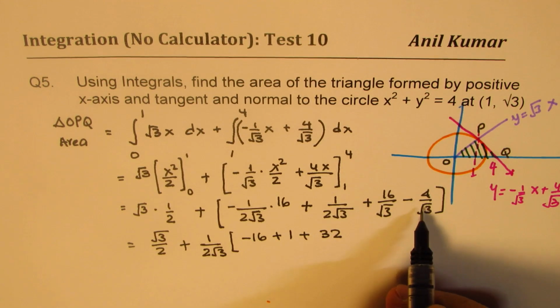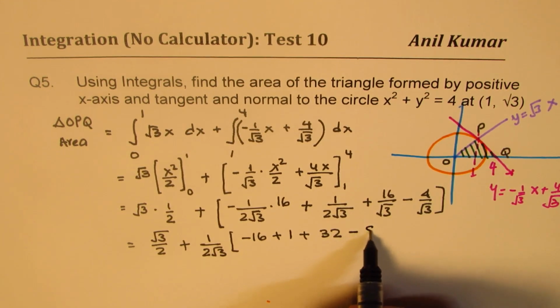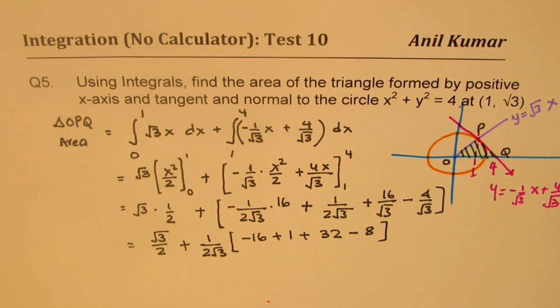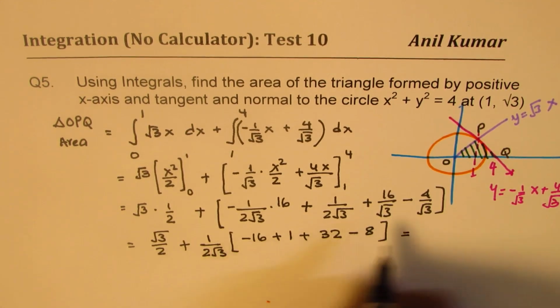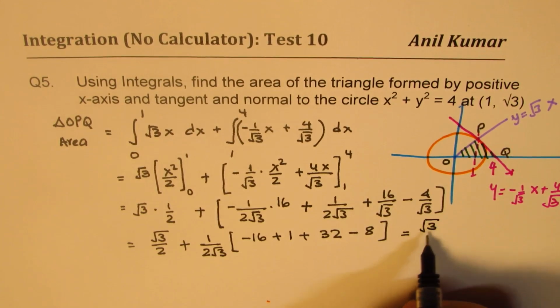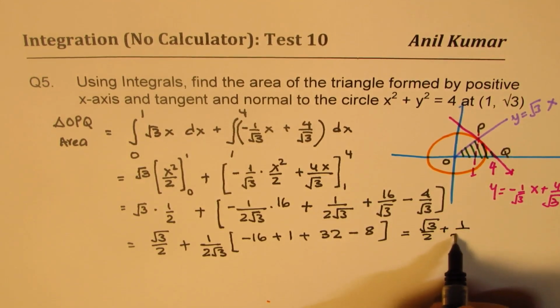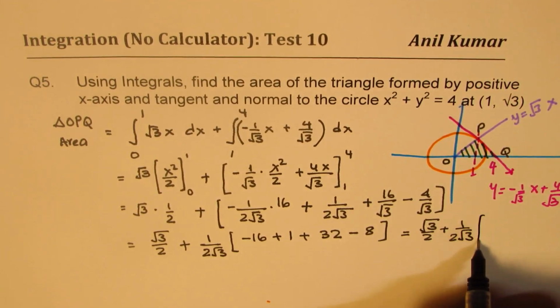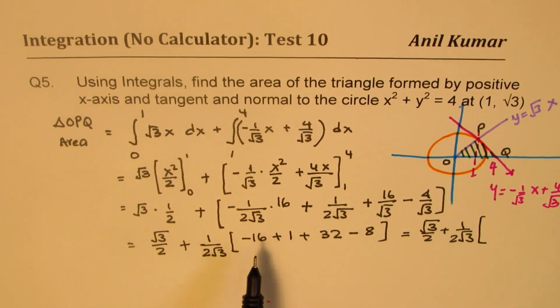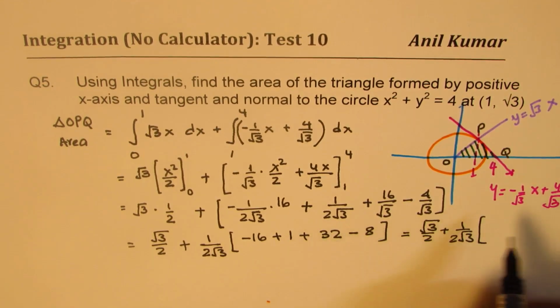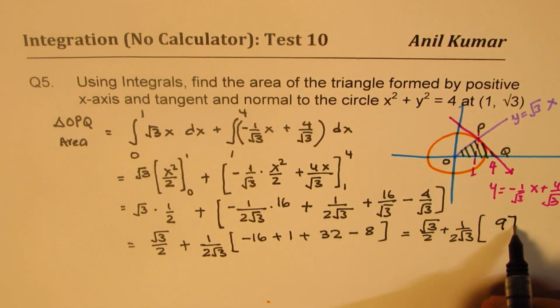And here we get 2 times 4, which is minus 8, right? So adding this, we get square root 3 over 2 plus 1 over 2 square root 3. And here, taking away 16 gives us 16, and then 8. We get 8 plus 1. We get 9, right? So we get 9 within the brackets.